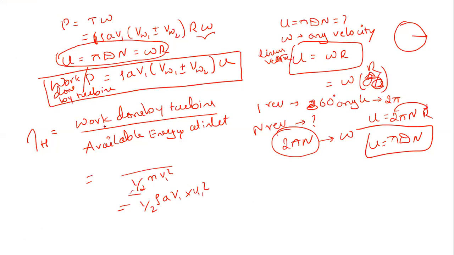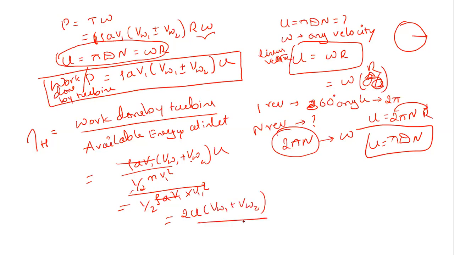And the work done is rho A V1 (VW1 plus or minus VW2) into U. So rho A V1 goes off, and the remaining is 2U (VW1 plus VW2) by V1 square. This is the hydraulic efficiency of the turbine.